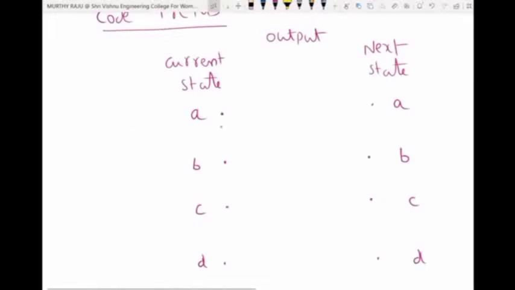Solid line represents M value 0, goes to A with output 0 0. Dash line represents M value 1 with output 1.